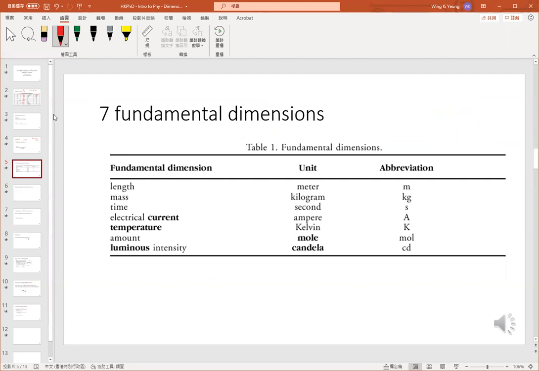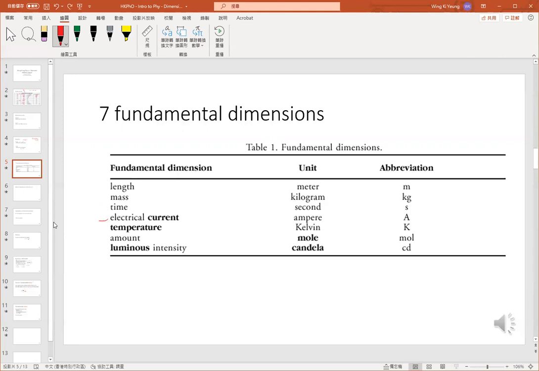Fundamental means all the others can be derived from these seven, or a combination of them. Let's say current is a fundamental dimension. Charge is defined as current times time, so it can be derived from these 2 dimensions.